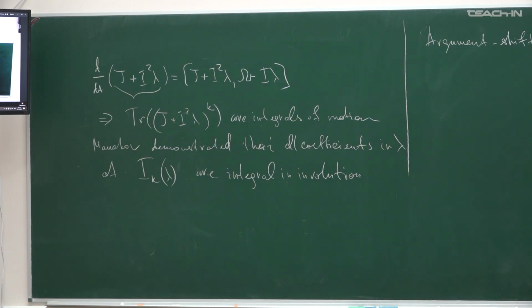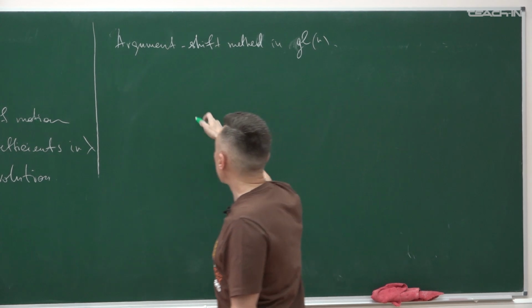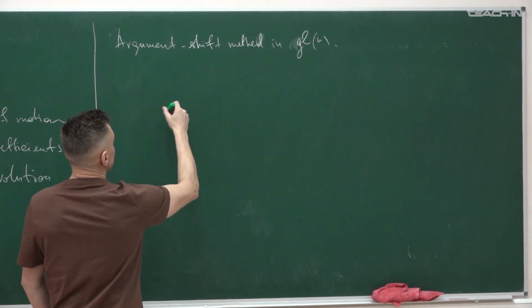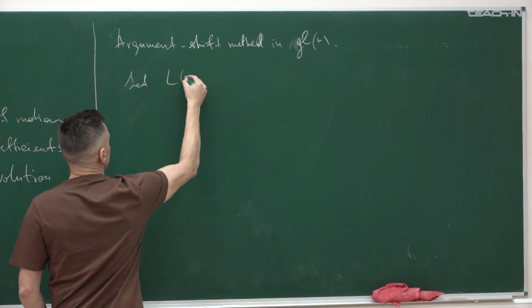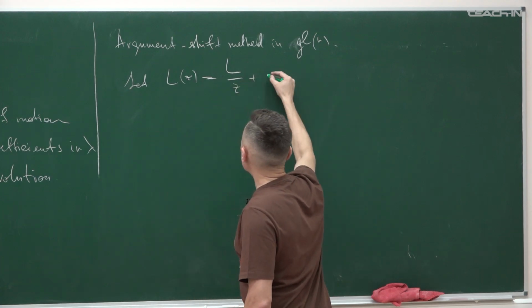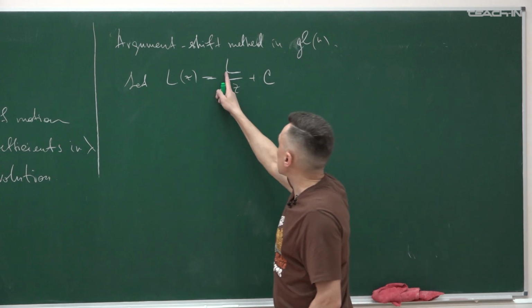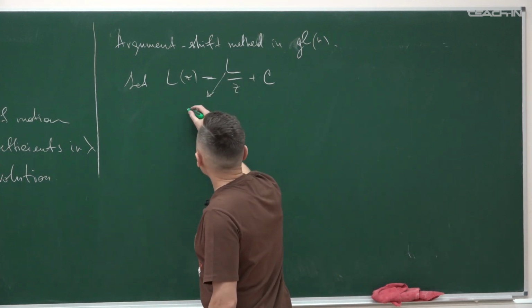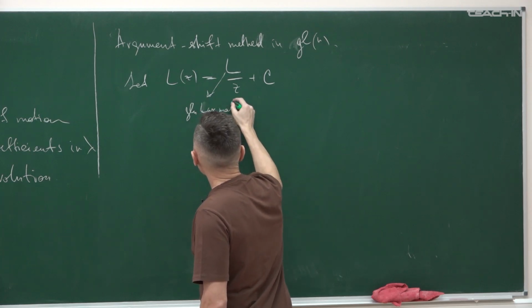Okay. We'll discuss it in a very simple example, simpler than the orthogonal case, and it is the following statement. Let L of Z be L Z plus matrix C. This is the GLN Lax matrix.